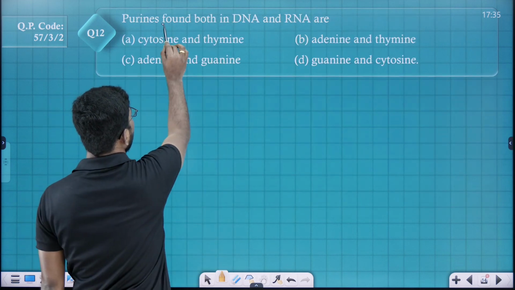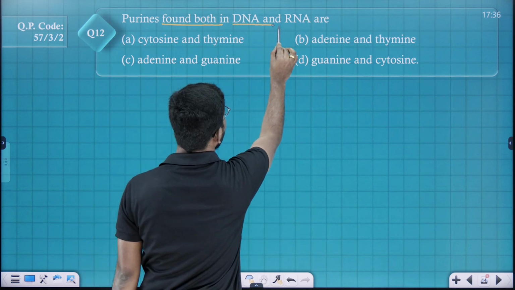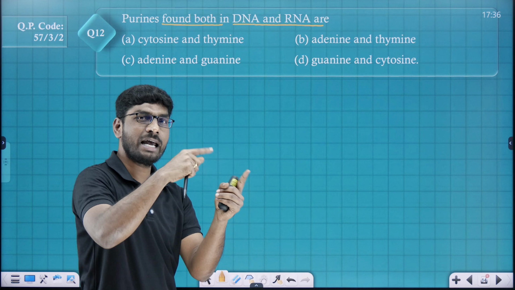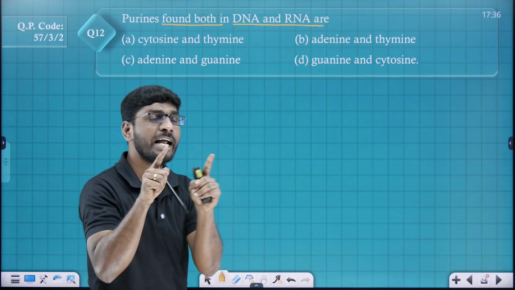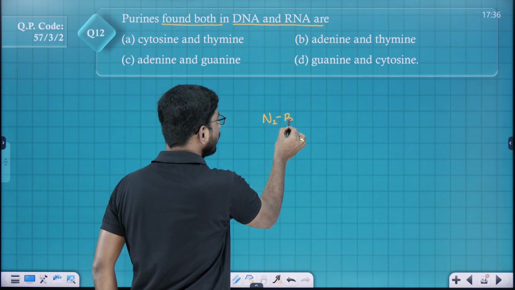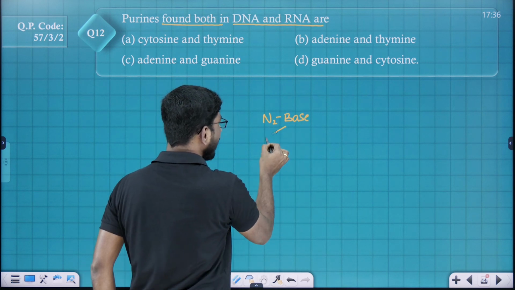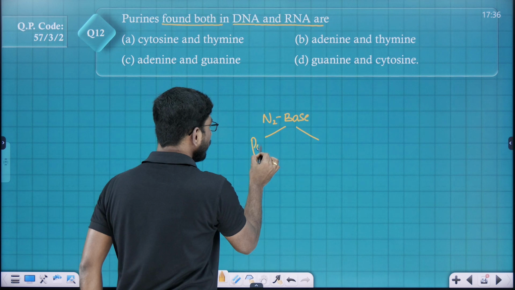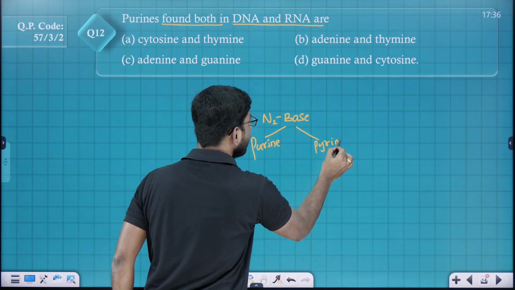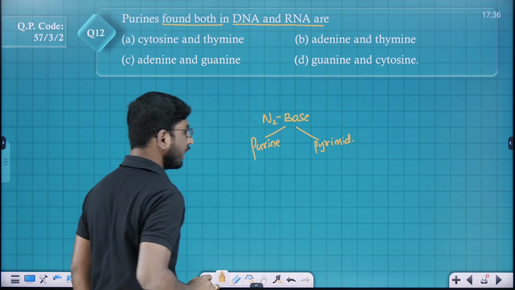Purines found both in DNA and RNA are mentioned. What are purines? Nitrogen bases are 2 types, right? One is called purine. The second one is called pyrimidine. Yes or no? Purine and pyrimidine.